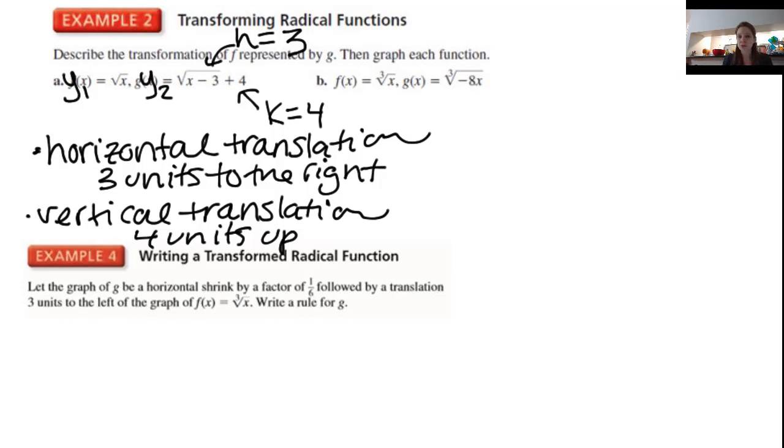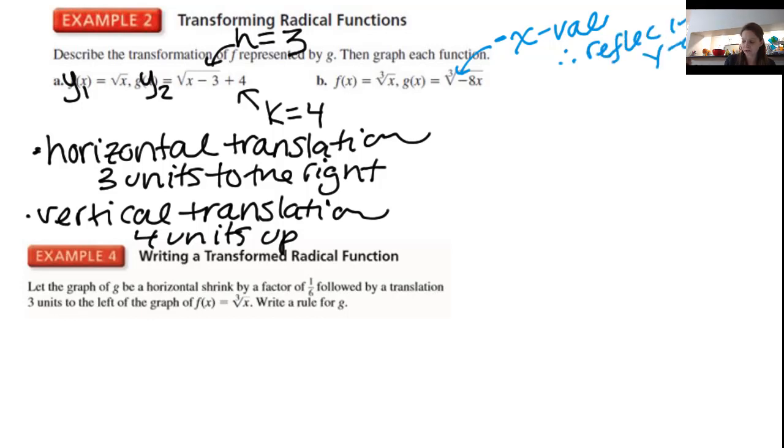In B, we now have a cubic function. We have f of x is the cube root of x, and g of x is the cube root of negative 8x. There are two things that have happened here. We are negating the x value, so this is a reflection in the y-axis.